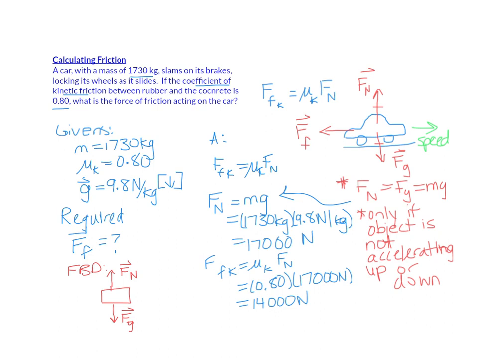There's no applied force here, so the car is just sliding to a stop. It was moving forward, and then the friction is going to be in the opposite direction to its motion. And that's my free body diagram.